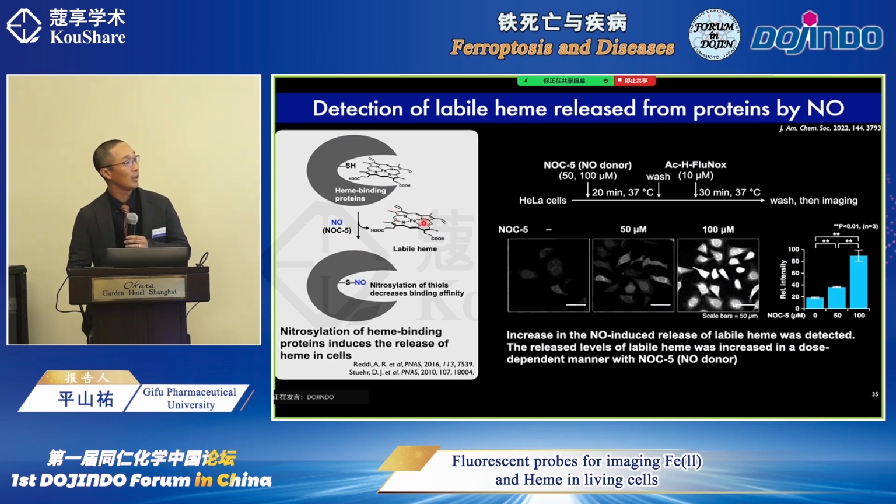We applied this to see whether it happens in living cells or not. We observed fluorescence increase by the addition of the nitric oxide donor, NOC5. This is the only example of labile heme release without addition of an exogenous source of heme.